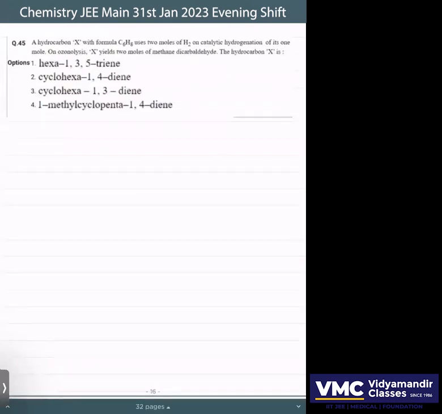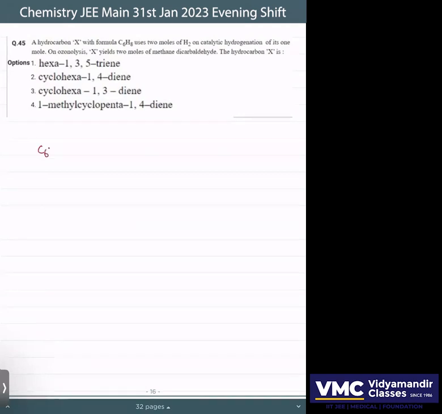Next question. A hydrocarbon X with formula C6H8 uses 2 moles of hydrogen on catalytic hydrogenation of its 1 mole. On ozonolysis, X yields 2 moles of methane dicarbaldehyde. The hydrocarbon X is.